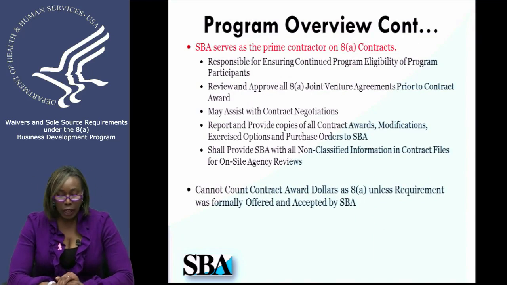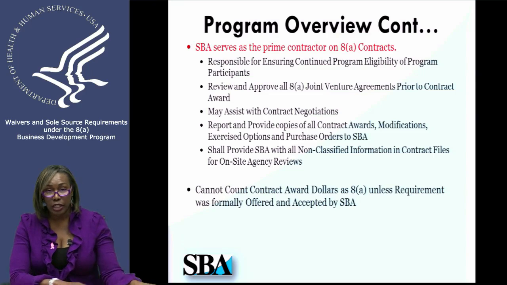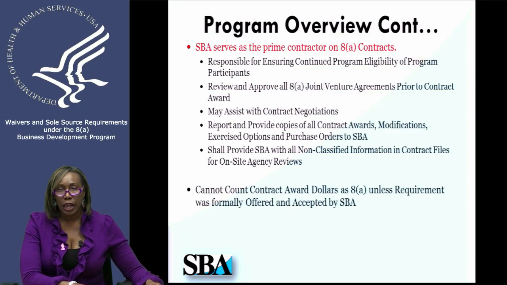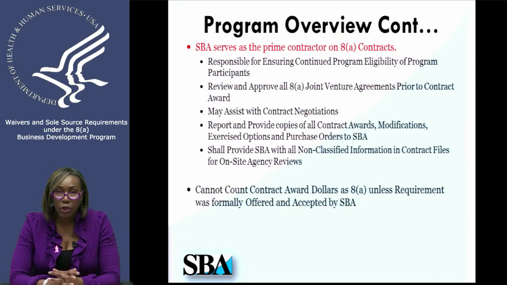Moving forward, SBA serves as the prime contractor on 8A contracts. That's on all 8A contracts, and that is something that I do want the procurement community to understand. We're responsible for ensuring the continued program eligibility of the participants. We're going to review all 8A joint venture agreements prior to the contract award.